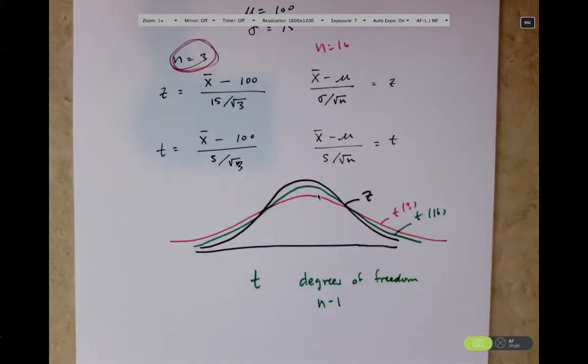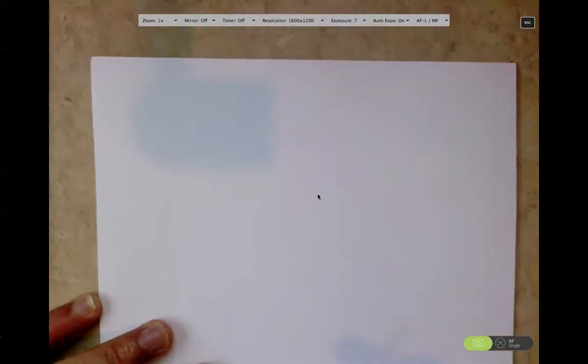All right, now what we're going to end up doing with this t distribution is we're going to use it in a confidence interval. And the way we're going to use it is this.